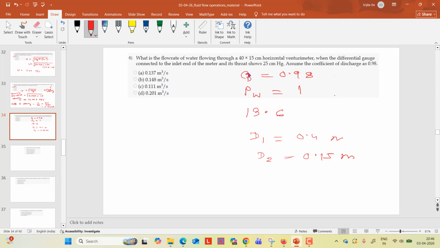And this differential manometer reading, that is this delta H, is 0.25 meter.